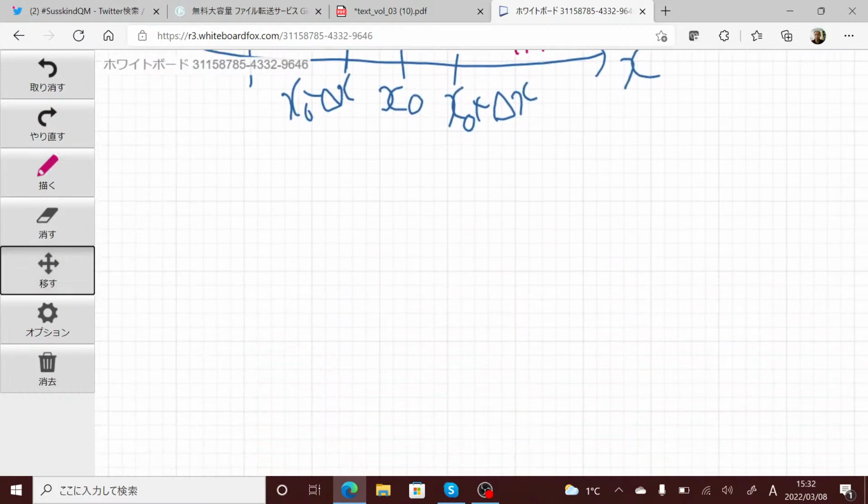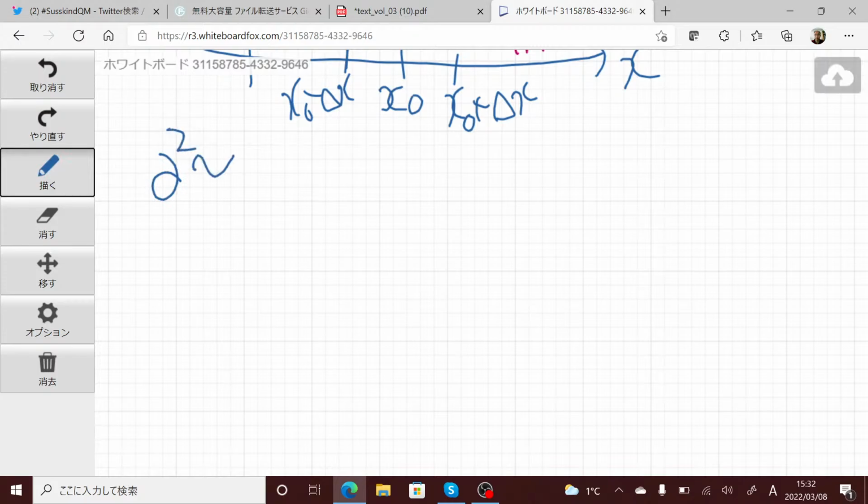Then we can see this one: the second derivative, partial squared psi over partial x squared, is more like this.